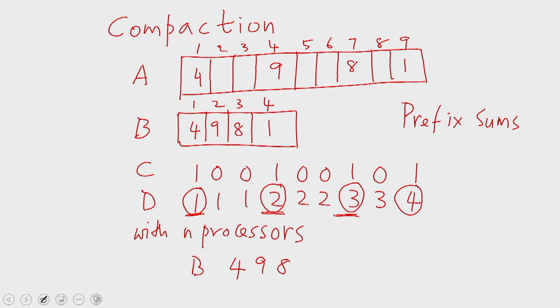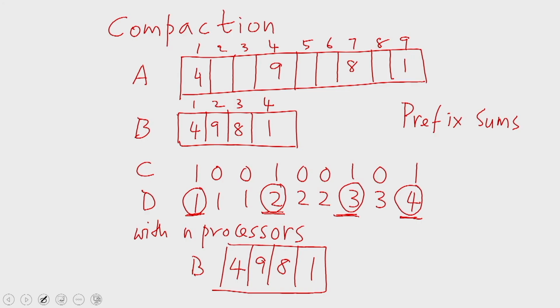And the processor which occupies the 9th position will take the corresponding element, namely 1, and copy it into the 4th position of array B. Now, you find that array B contains the elements as we desired.